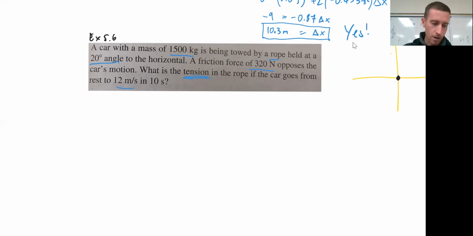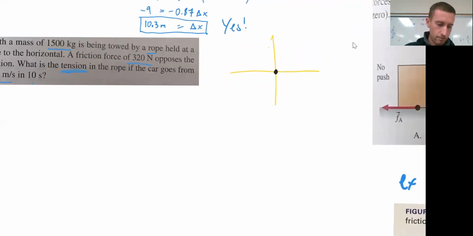So again, I'm going to draw my force diagram here. I have a weight of the car. I have a normal force because the car is sitting on the ground. I have a friction force pushing back this way, a force of kinetic friction of 320 newtons.